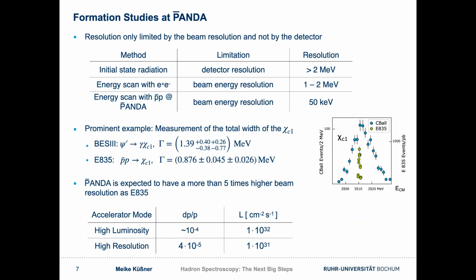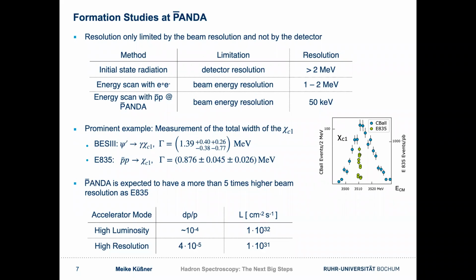A very prominent example from the past is the study of the width of the chi_c1. The chi_c1 was measured at SPS, and there the width was determined to be about 1 MeV with rather high uncertainties. With, for example, the E835 experiment, which is quite long ago now, one was already able to get a better resolution here.